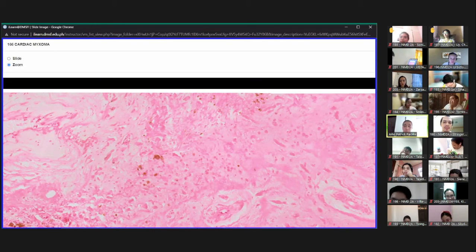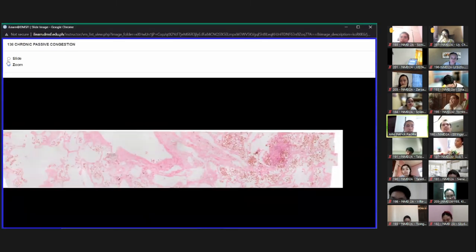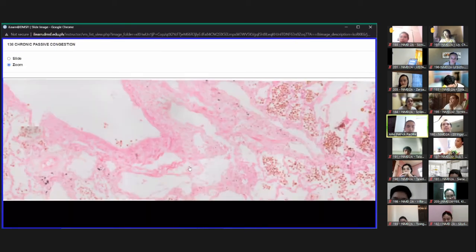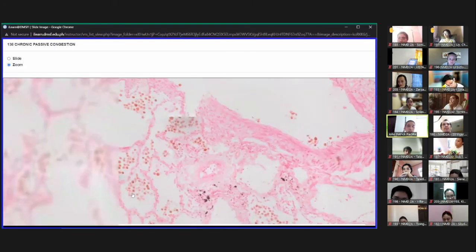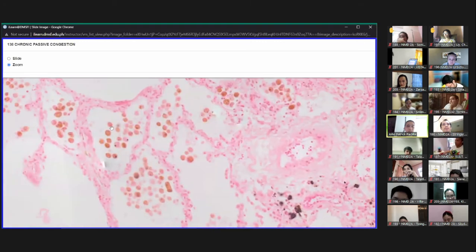The last slide would be chronic passive congestion of the lung. You cannot see anything in this particular view, so we go to the high power magnification. You would see alveolar structures showing hemosiderin-laden macrophages.